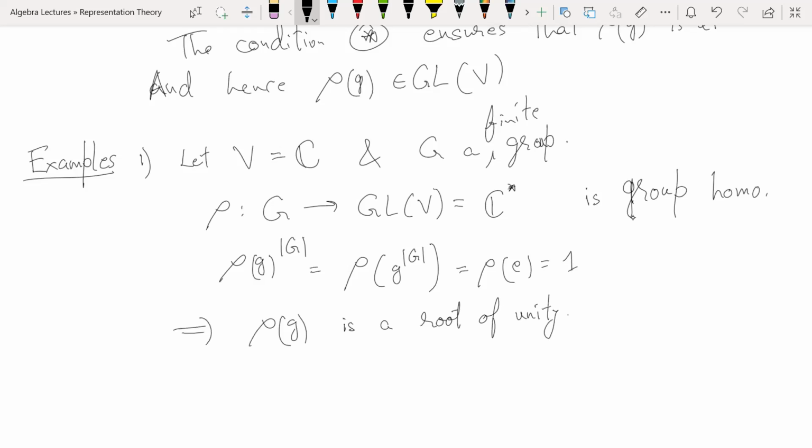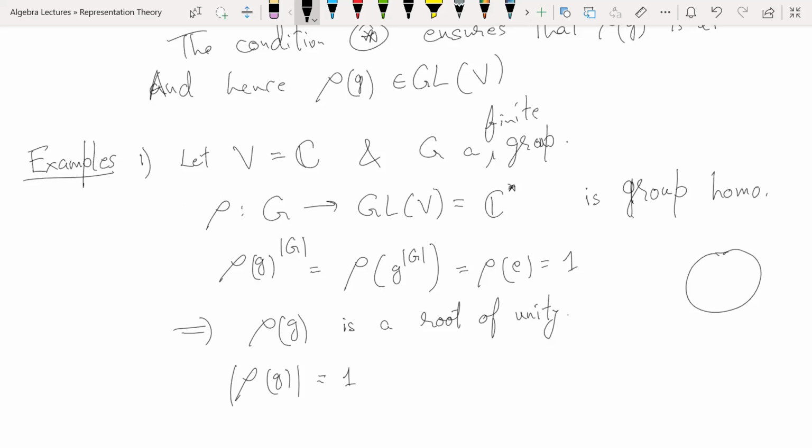In fact, it has to be an nth root of unity, where n is the order of G. In particular, the absolute value of rho G is 1, so it maps onto the unit circle. Though I said some linear map, for finite groups the image is going to be in C star.